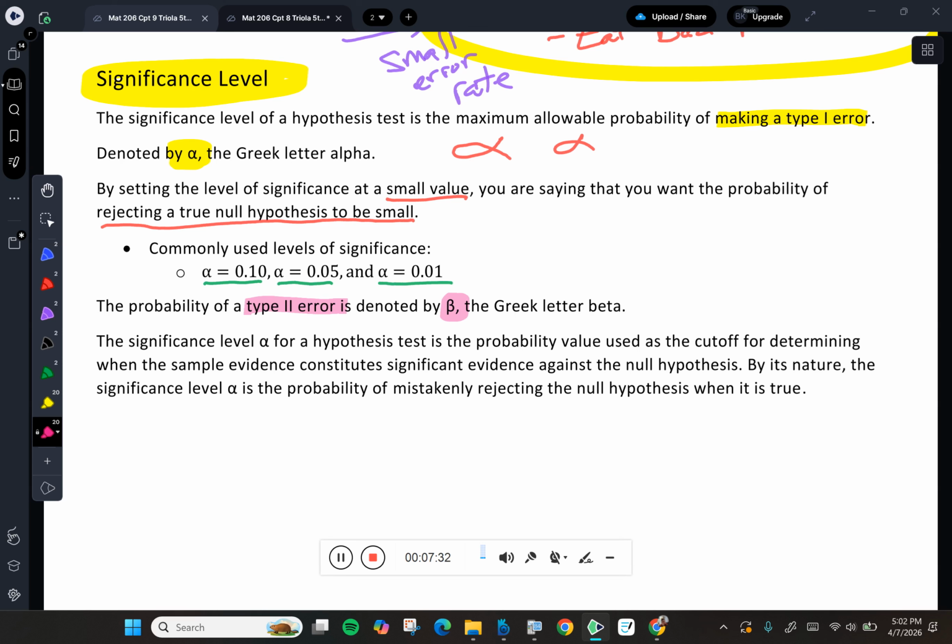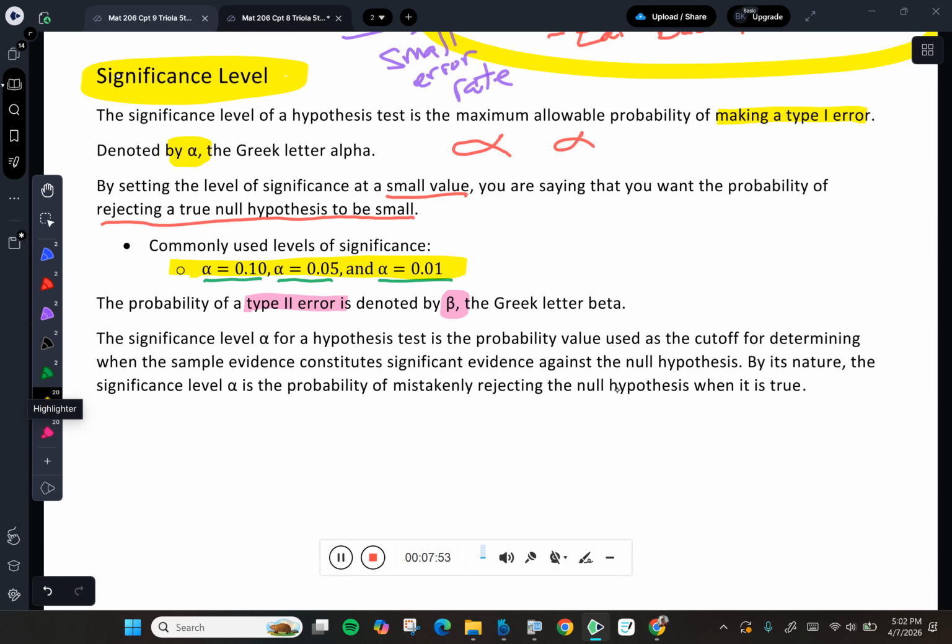Now, we are going to be doing alpha level hypothesis testing. Alpha level hypothesis testing means that this value is going to help us determine whether we do or do not reject that null hypothesis. There is something called beta testing, where you work your test off of that Greek letter beta.